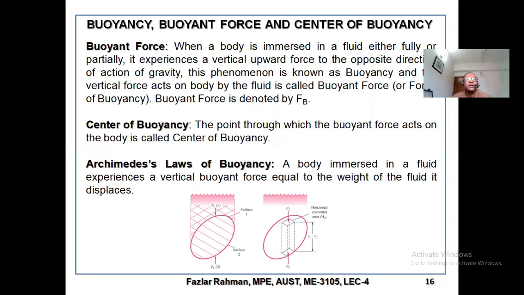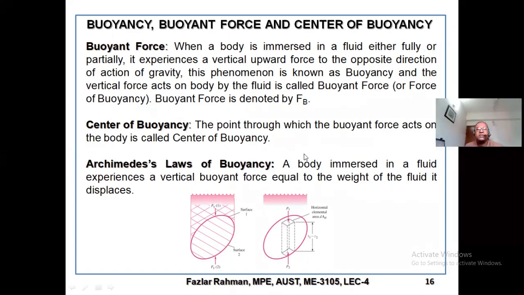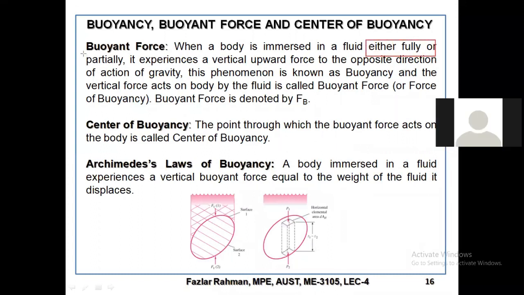Okay, now let's discuss some fundamental terms or definitions. Number one, what is buoyant force? When a body is immersed in a fluid, either fully or partially, it experiences a vertical upward force in the opposite direction of gravity, that means opposite to the weight.